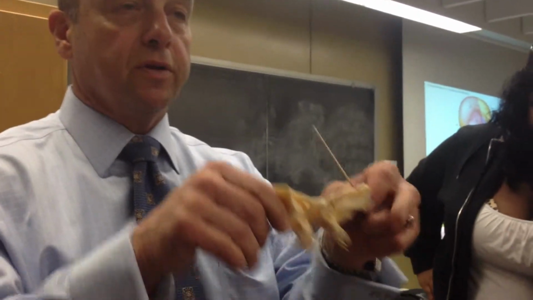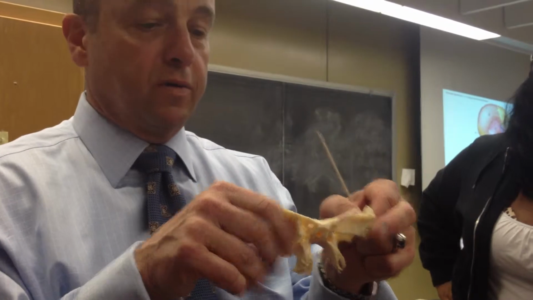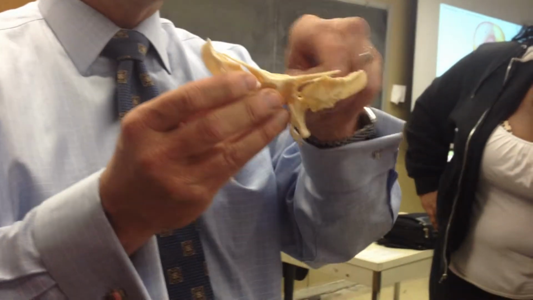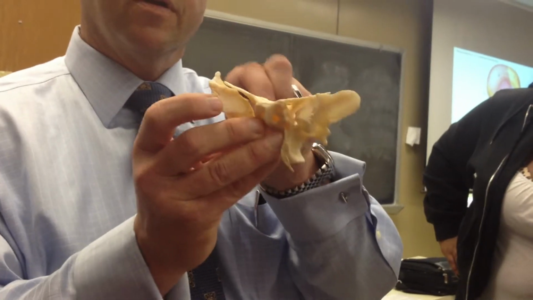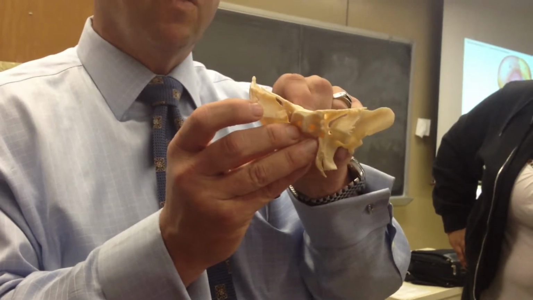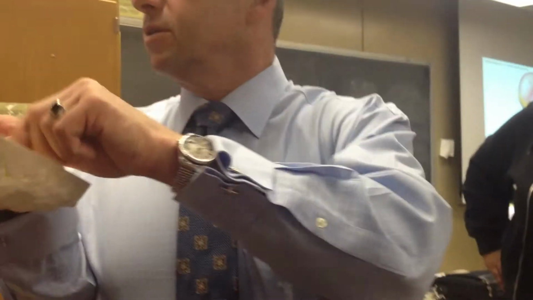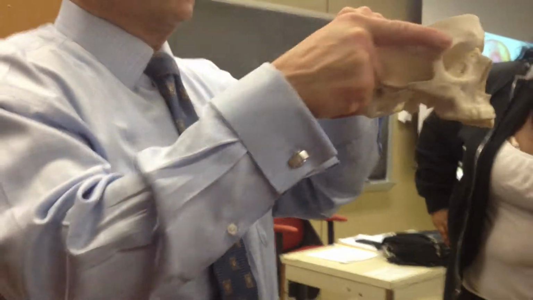What bone is this? Sphenoid. All right, what are these called? What's this called right here? Superior orbital fissure. All right, so if I showed it to you here, it's right here. Superior orbital fissure. Okay?